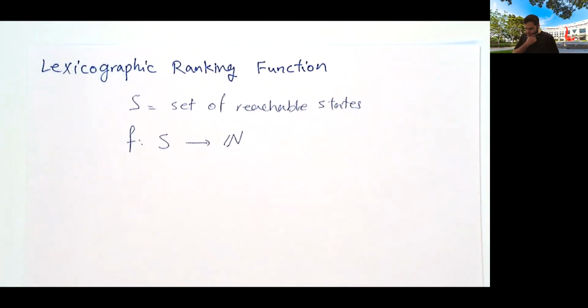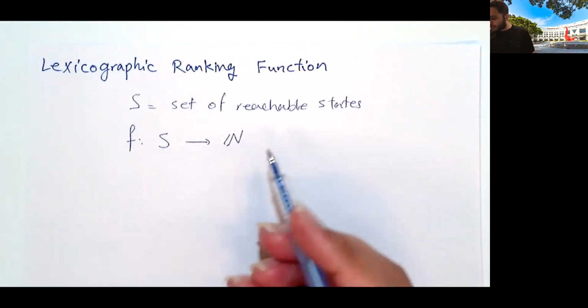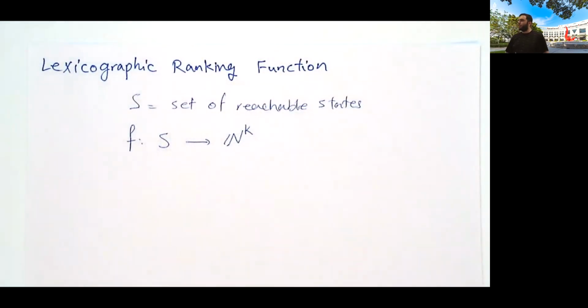That was good. But now in a lexicographic ranking function, instead of mapping to a single natural number, let's map it to a vector of k natural numbers.